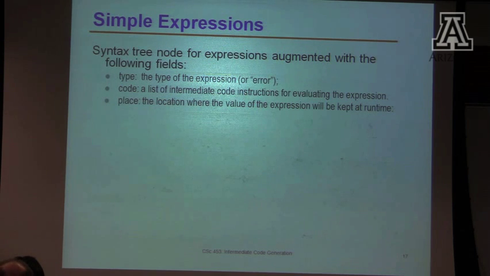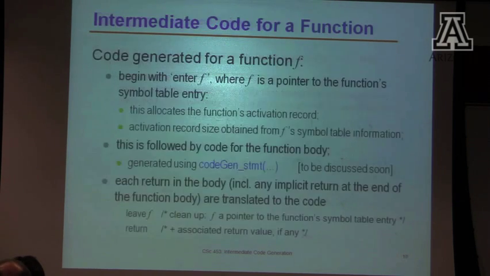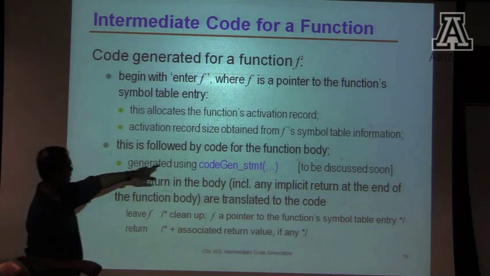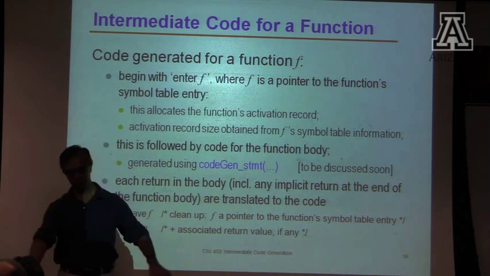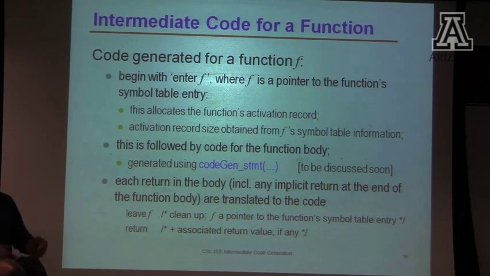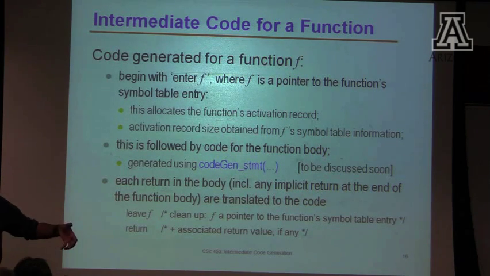So once I'm done traversing the entire function body, in this recursive post-order traversal, I traverse the children, and as I traverse back up, I glue together all these different code fragments and get bigger and bigger instruction sequences.